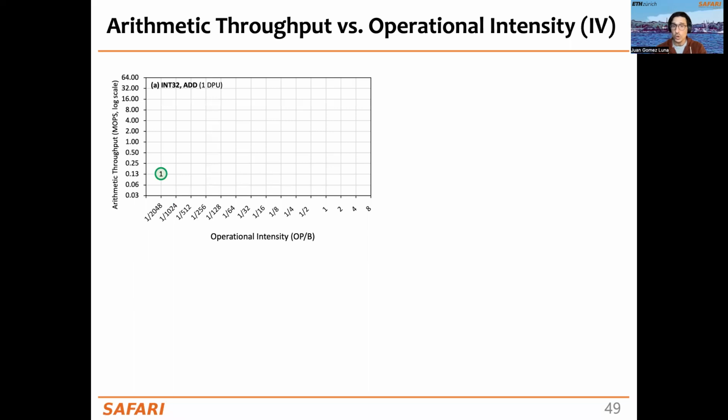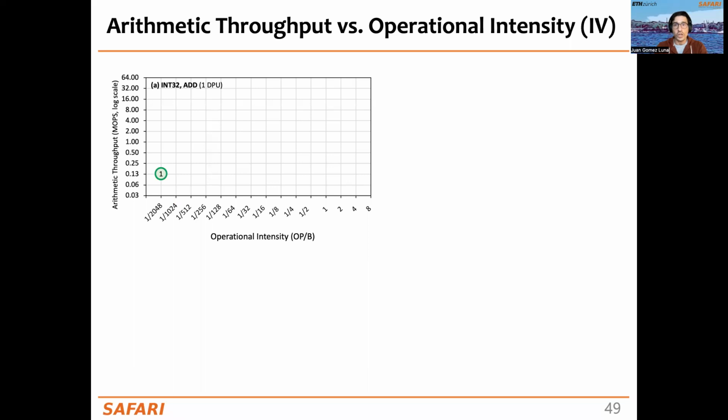When we have such a low operational intensity, it is expected that the latency of access to MRAM, or moving data between MRAM and WRAM, takes longer than the latency in the pipeline, basically because the number of operations is very, very low.